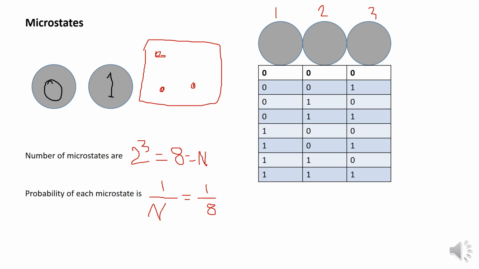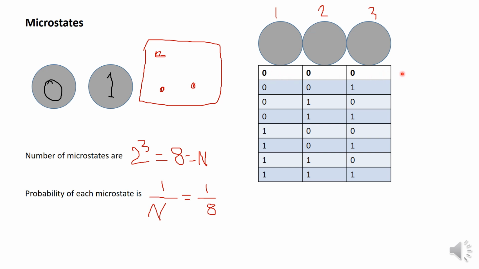What this means is that the probability of occurring of the state where particle 1 has velocity 0, particle 2 has velocity 0, and particle 3 also has velocity 0 is 1 by 8. This is a possible state.